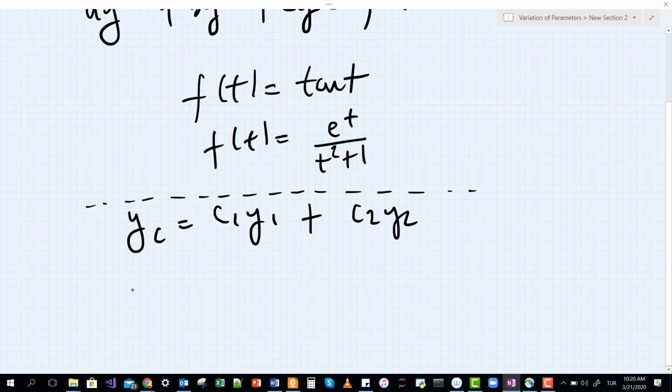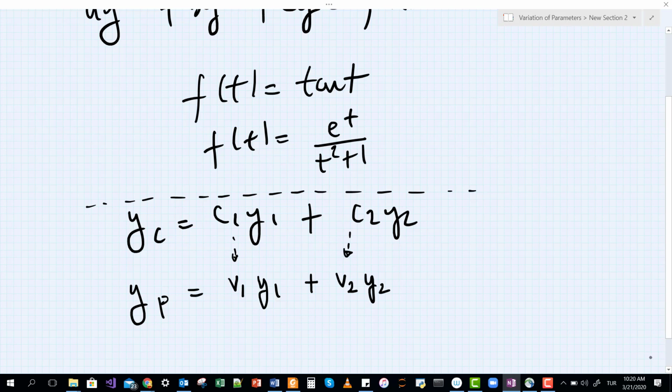We're going to assume we have a similar type of particular solution to our differential equation. The only difference will be the parameters. I will be using them instead of the coefficients in my homogeneous part of the solution. So what I did, look at that, I just changed the C1 to V1 and C2 to V2.